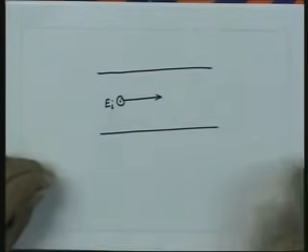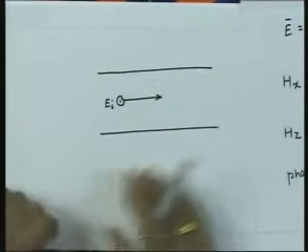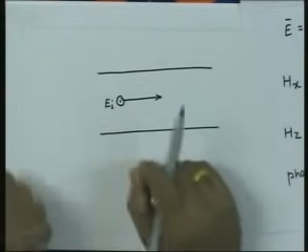If m is equal to 0, this wave cannot survive inside the structure, it cannot propagate, this field cannot get excited inside the structure.